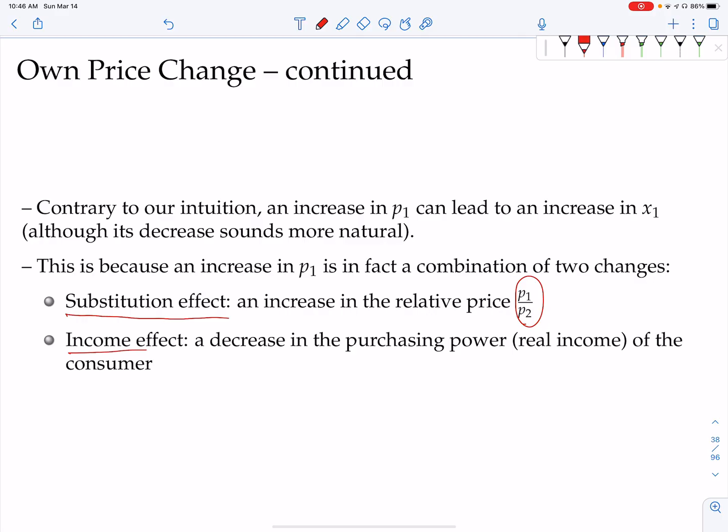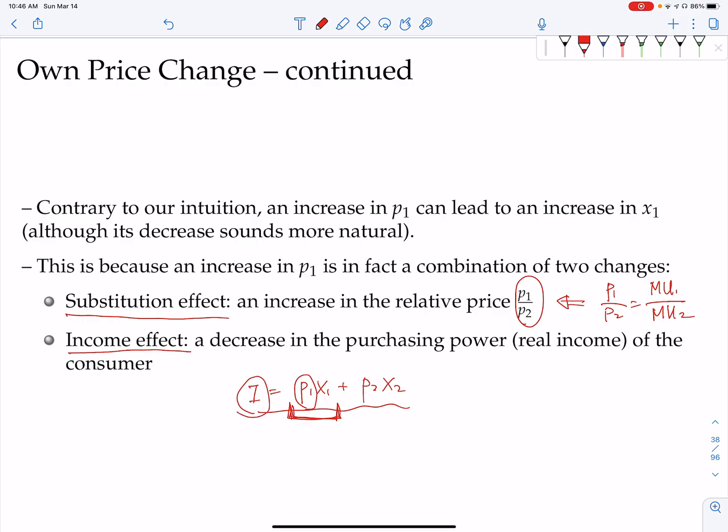But there is another effect, that's the income effect. If you think about the budget line, the substitution effect is coming from the MRS being equal to the price ratio, but the income effect is coming from basically the budget line. If the potato became very expensive, then your expenditure on the potato is going to occupy more of the income.